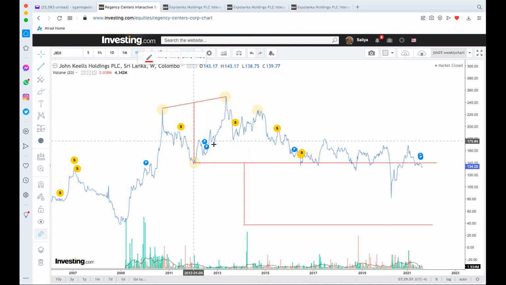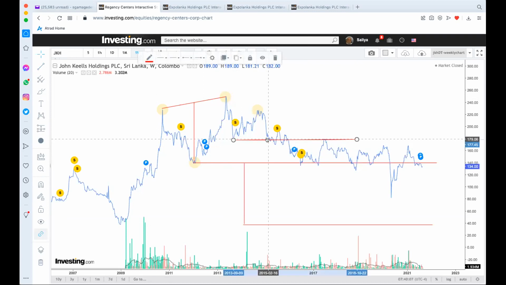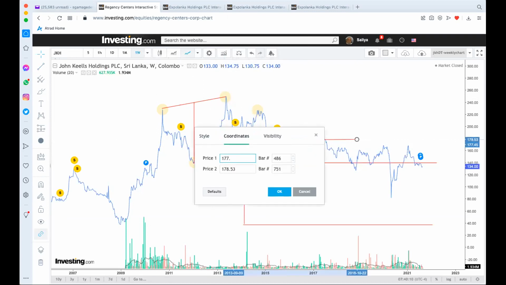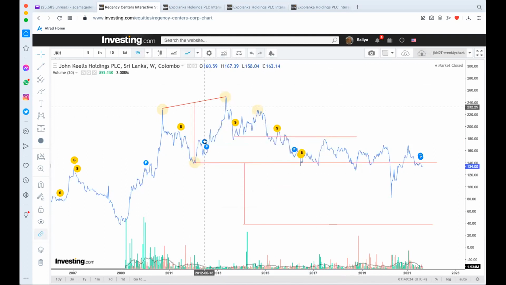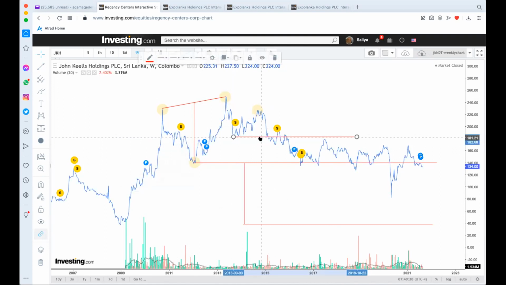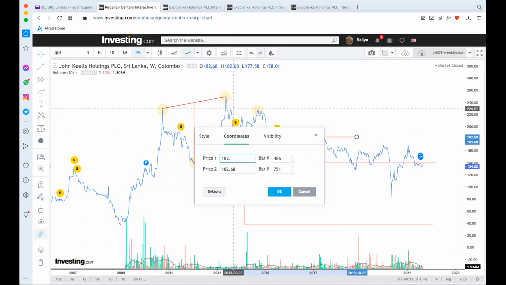So you can draw another horizontal line by using that low, and that low is at 178.01.